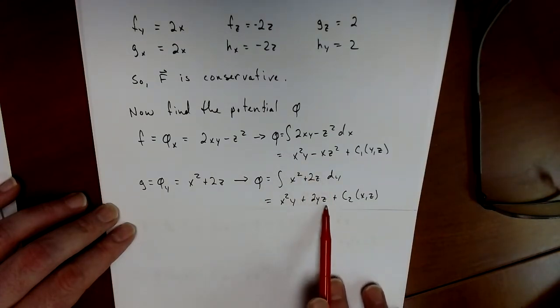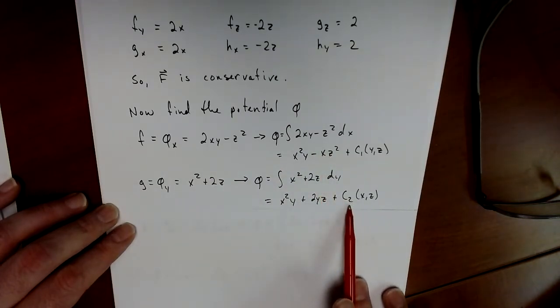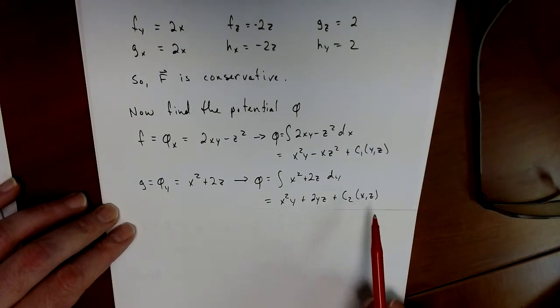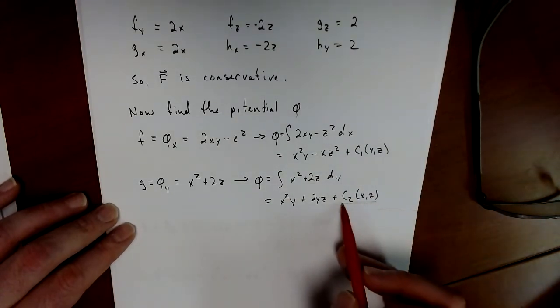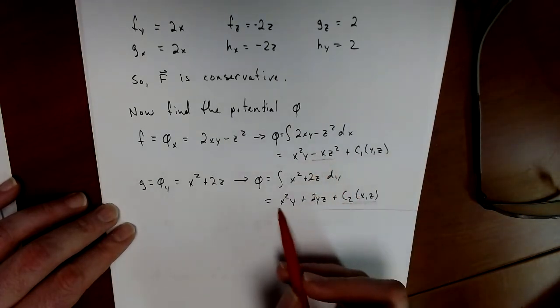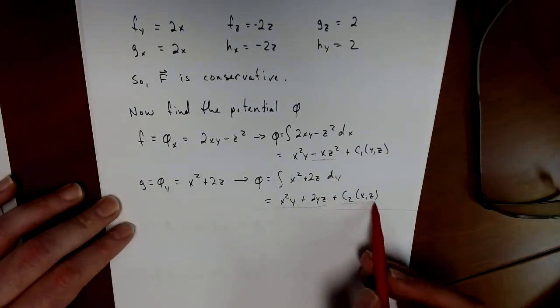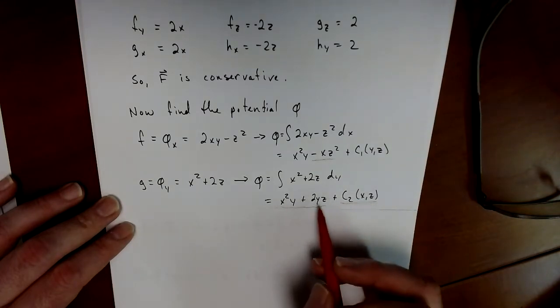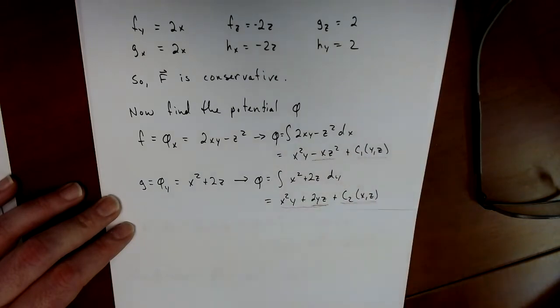We get a 2yz, which doesn't match that, but we get an unknown function of just x and z. So you see, we may not have everything, but we know that this part here, which isn't out here, is contained in this C2, this function of just x and z. And similarly, this 2yz is contained in that C1 of y z.